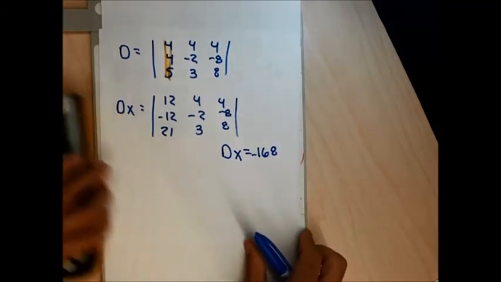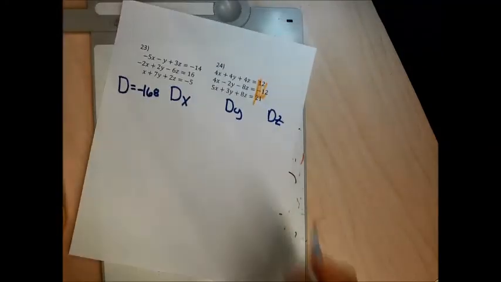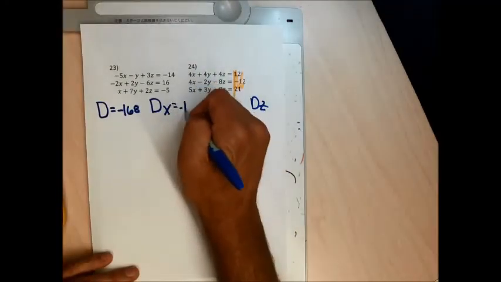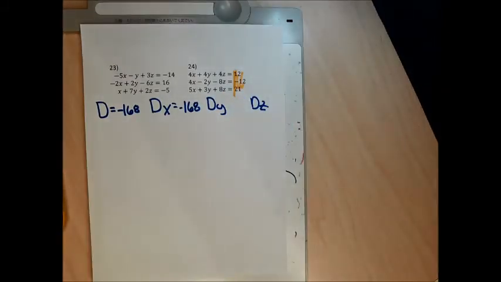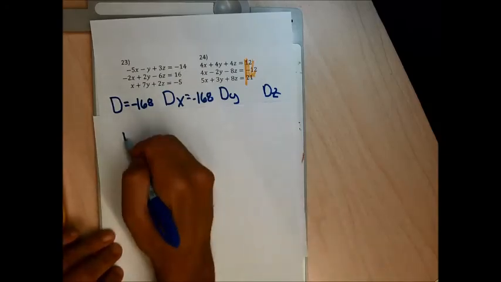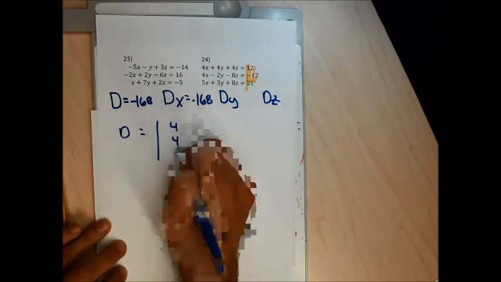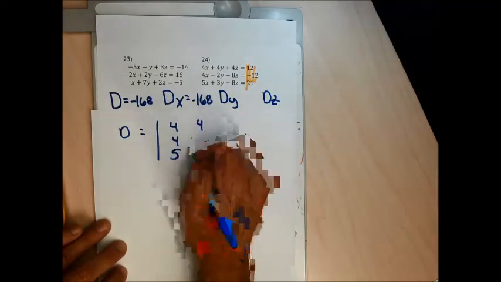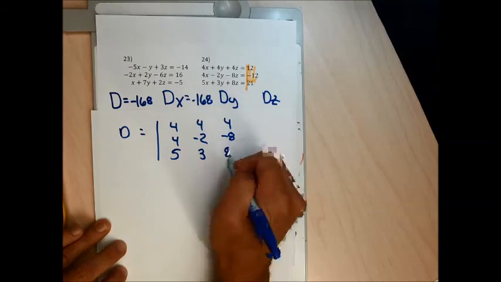So on to my first sheet, I'm going to transfer this. D sub x is also negative 168. I'm going to move on and find D sub y. To do D sub y, I need to have the D determinant, which was 4, 4, 5, 4, negative 2, 3, 4, negative 8, 8.